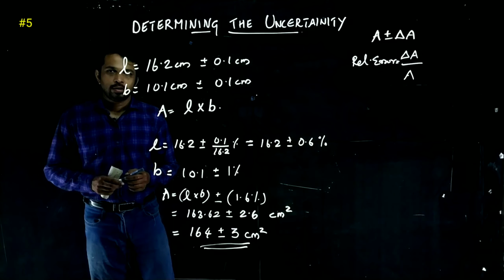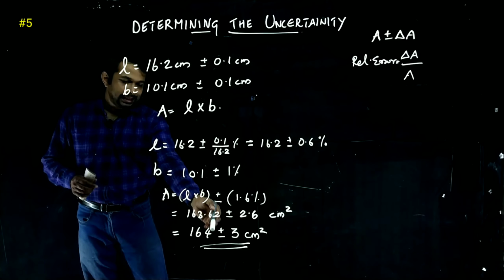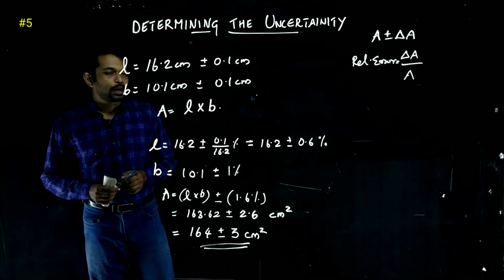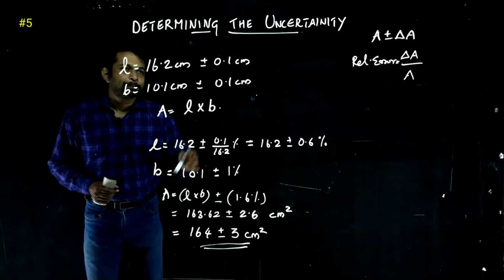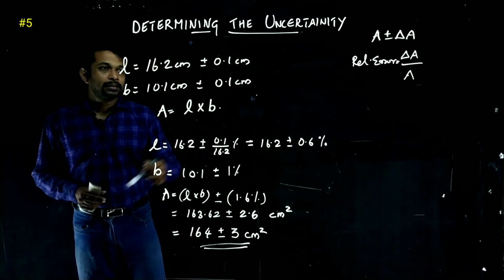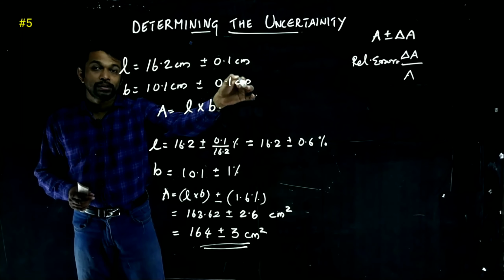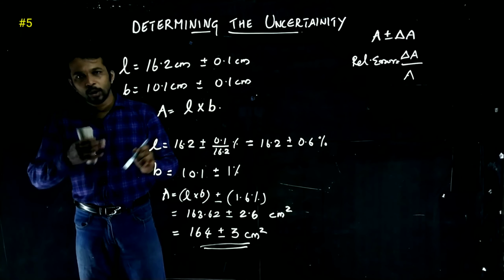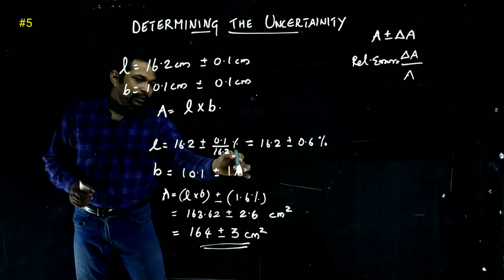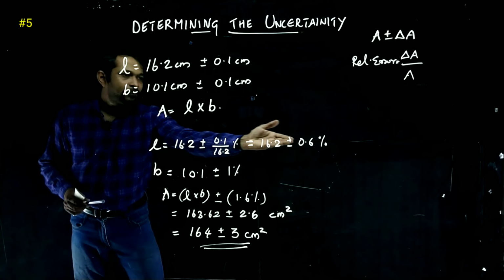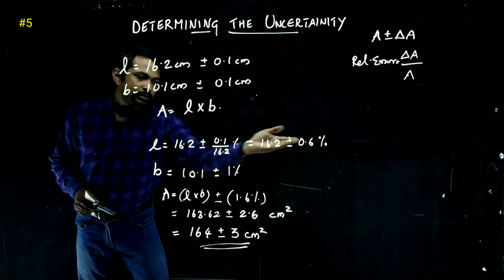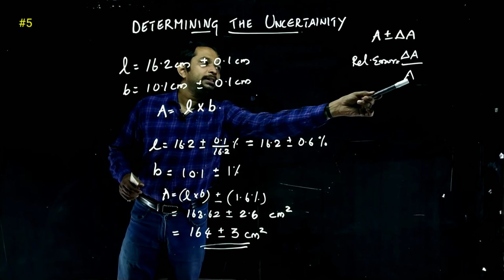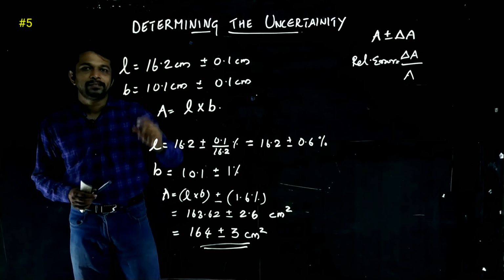Okay? So now you have understood that the uncertainty is also dependent upon the number of significant figures. Now see, here for both the length and breadth, the uncertainty, the absolute error, is 0.1, right? Both are the same. But when it comes to the relative error, their value has changed. One is 0.6 and another is 1. Why? Because although the delta is the same, this A has a different value, right?